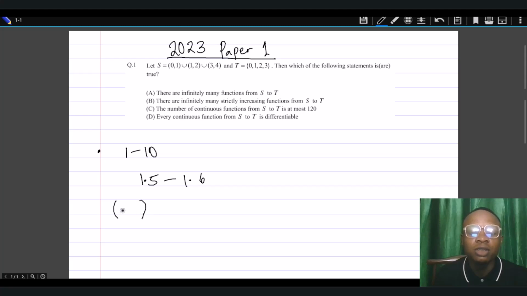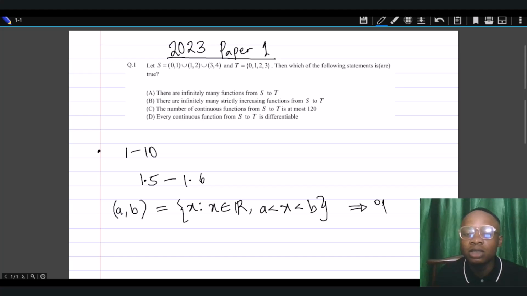If I have, let's say, (a, b), this implies the set that contains all elements x, where x is a real number, and at the same time x lies between a and b. So a is strictly less than x, and x is strictly less than b. We call this an open interval.